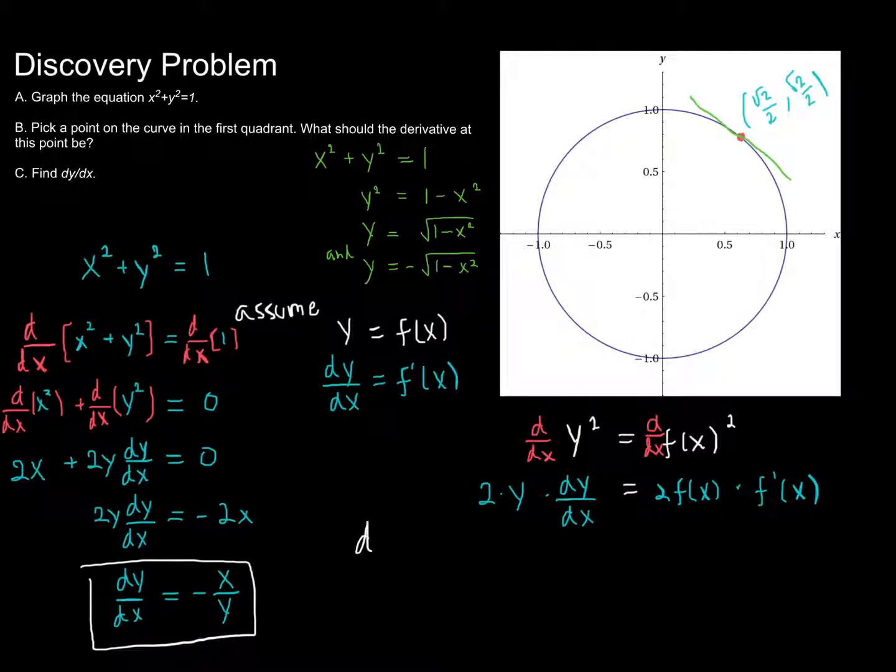The derivative of y with respect to x, and here I'm going to use my new notation, at the point square root of 2 over 2, comma, square root of 2 over 2. Well, that's equal to, and so my x value is the square root of 2 over 2, my y value is the square root of 2 over 2, so it's something over itself, that's going to be 1, and times a negative is just going to be negative 1.